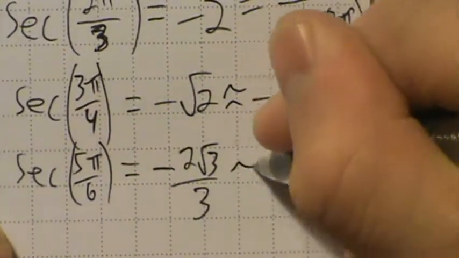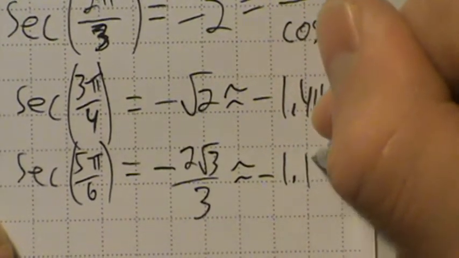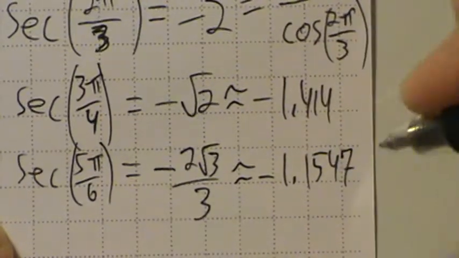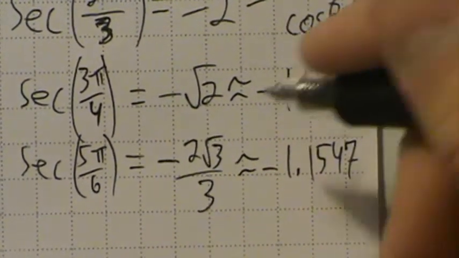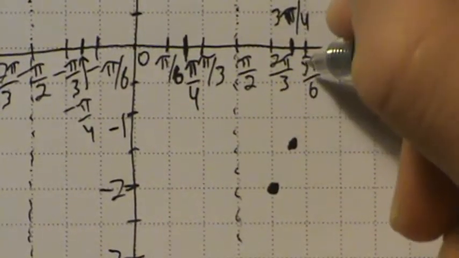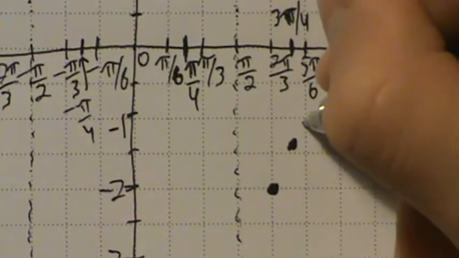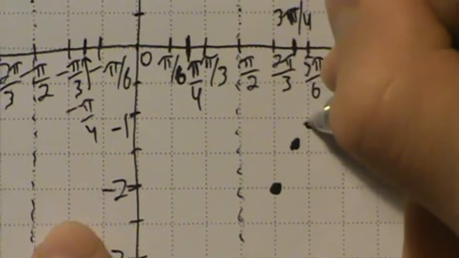So that's approximately equal to negative 1.1547. So that's right about here. 5 pi over 6, corresponding y-coordinate is negative 1.1547, which is just below negative 1, right about here.